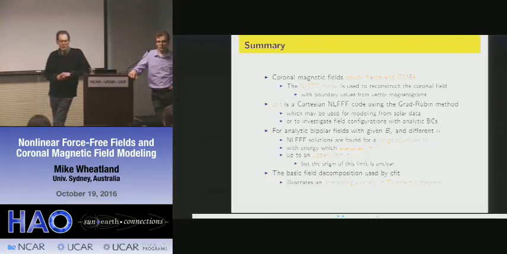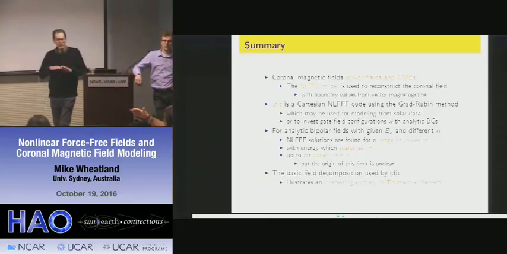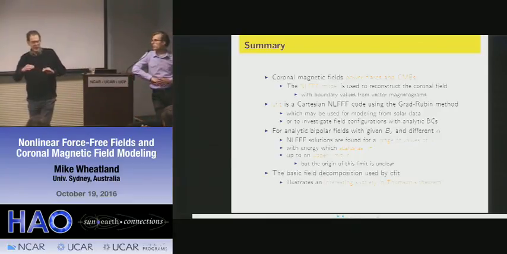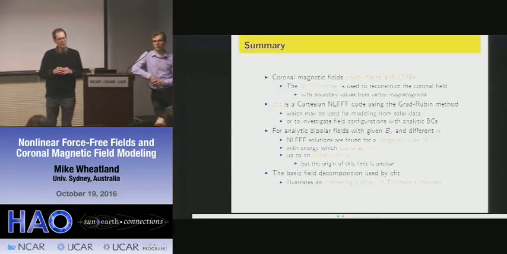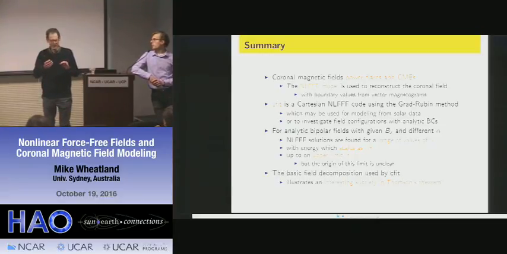So my question is if there could be any difference if you consider gradients in the photosphere, or even if you have information in the chromosphere. Do you mean if you consider an irregular surface, if you have a variation, even if it's linear variation of this vertical component of the magnetic field? So what he's saying is, if you have a boundary condition of not just the field strength, but also the gradient of the field.